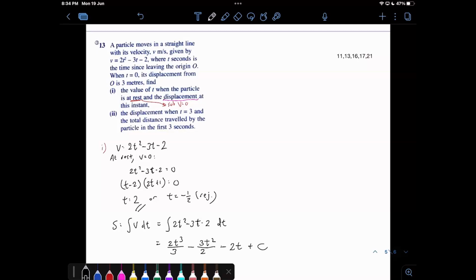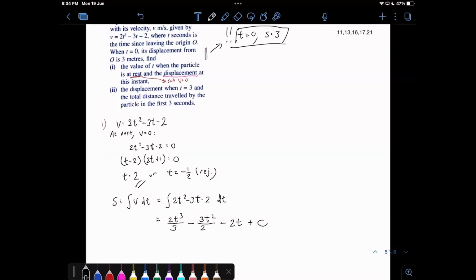Then sub in t equals 0, s equals 3. Finally, we get to see a question where s is not 0. So c equals 3. Be careful, you must really sub in, because in the future the c may not simply be 3, but usually it is for polynomials.